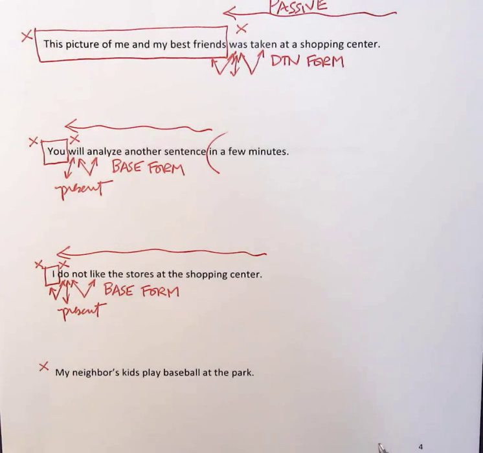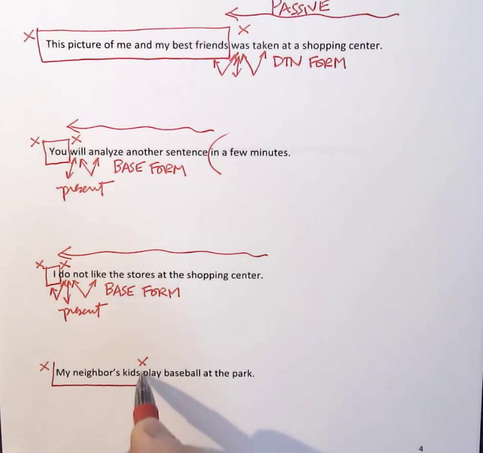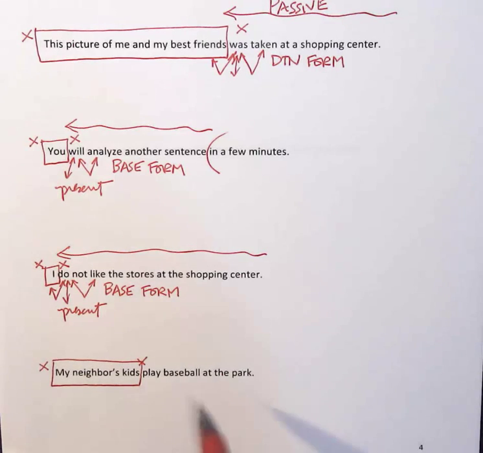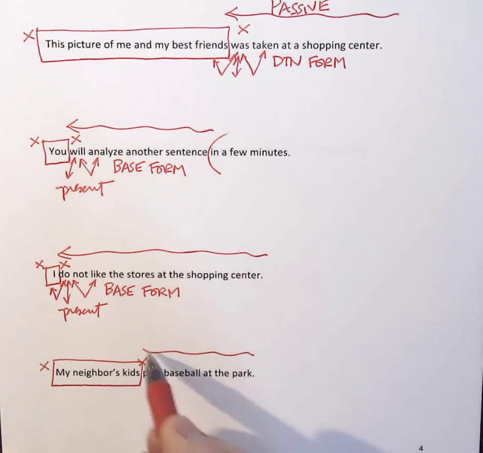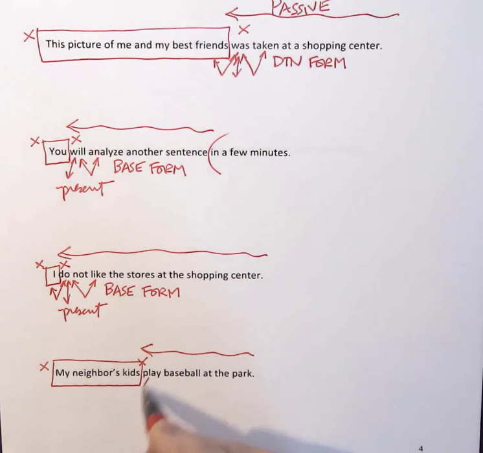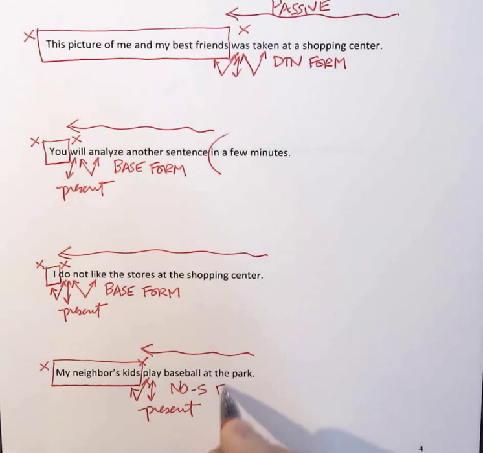Do my neighbor's kids play baseball at the park? My neighbor's kids do not play baseball at the park. Predicate. Play ties with the subject. Play ties with the present. Play is the no S form.